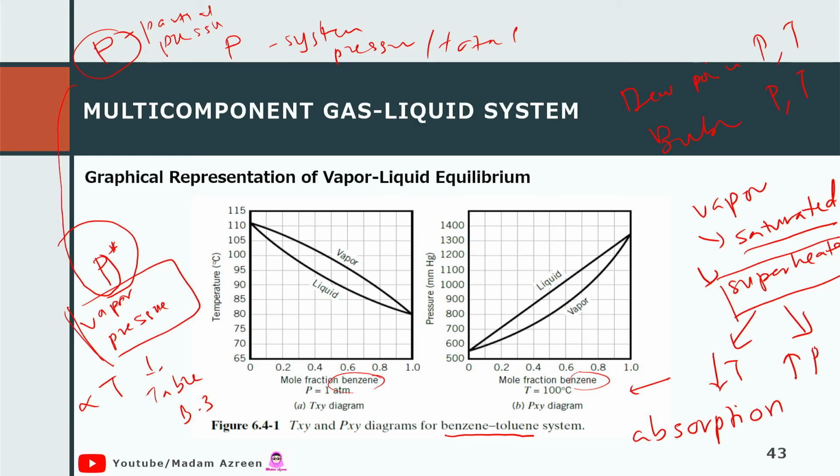And then you also have the value of x and the value of y. The y is the mole fraction or mass fraction in the gas phase, and the x is the mole fraction or mass fraction in the liquid phase.